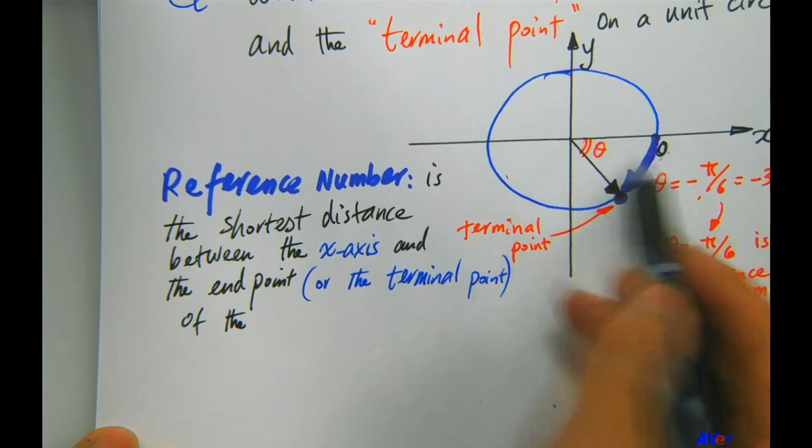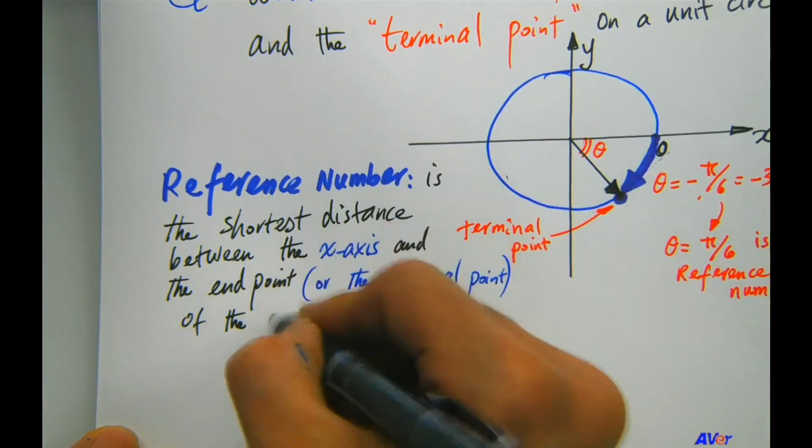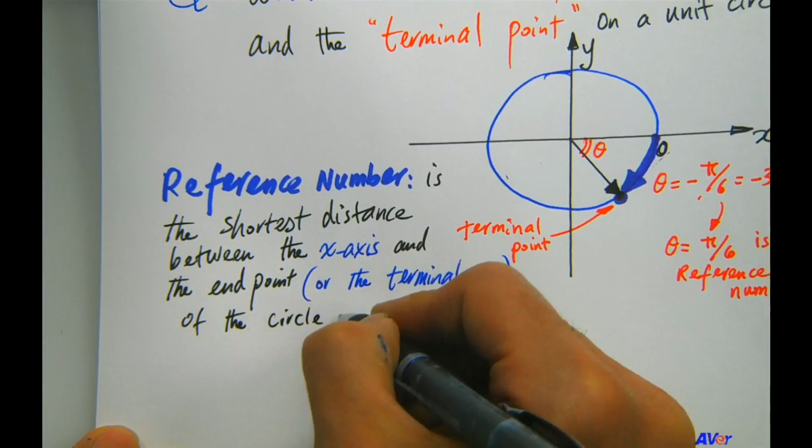The angle that is associated with the circle.